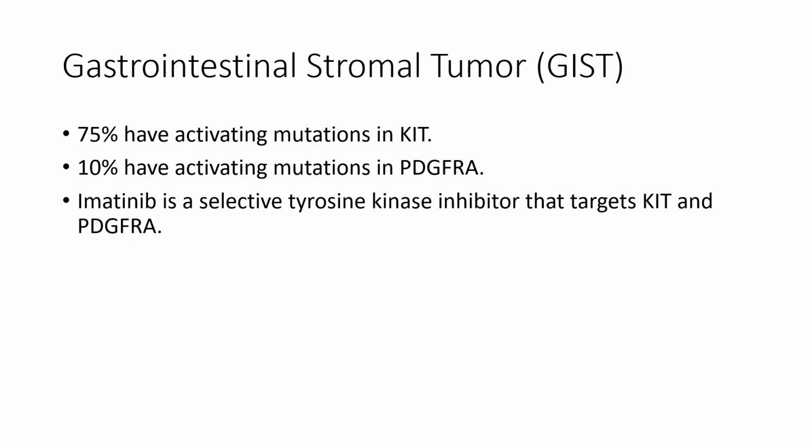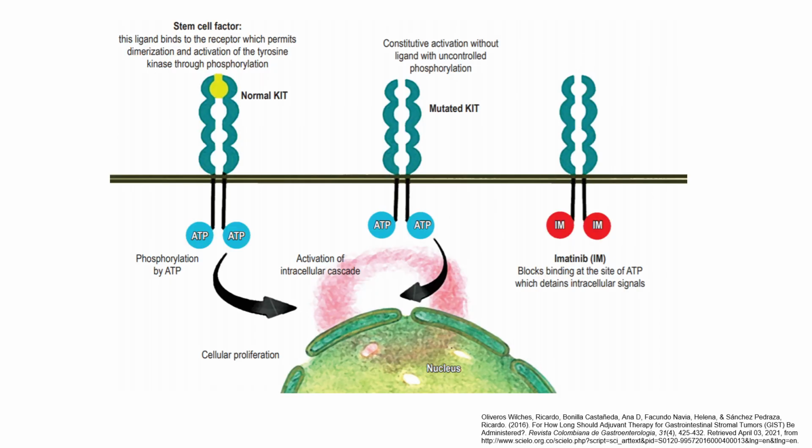Imatinib is a selective tyrosine kinase inhibitor that targets KIT and PDGFRA and is widely used in treatment of GISTs. This slide illustrates the pathogenesis behind GISTs and the mechanism of action of imatinib.